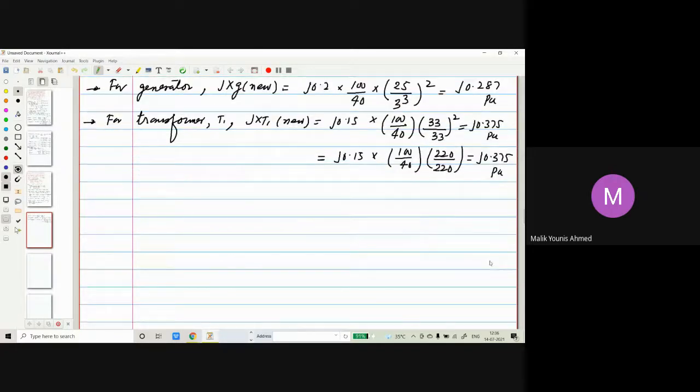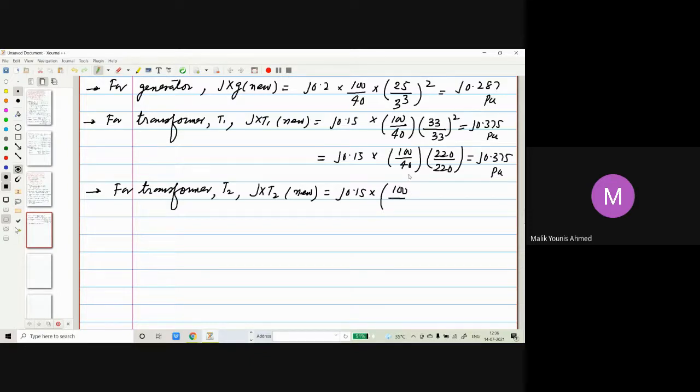Now let's move to the transformer T2. For transformer T2, JXT2 new: the reactance value is the same for T1 and T2, and the complex power base is the same.